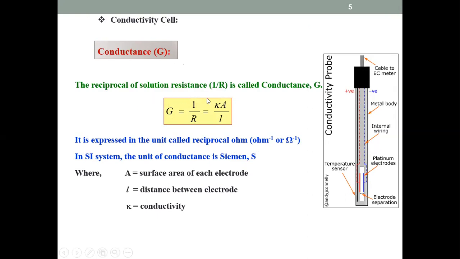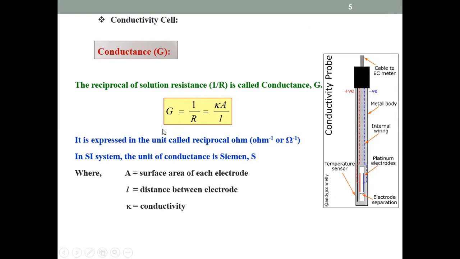Conductance is the reciprocal, the inverse of the resistance, by definition. If we put that in the equation, 1 by R will be equal to kappa A by L, where kappa is the specific conductance or conductivity of the solution and is equal to 1 by rho, the resistivity.